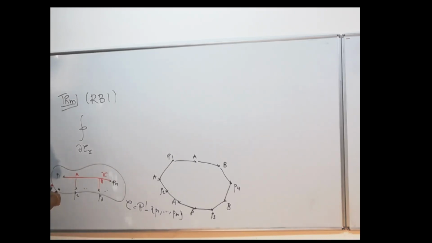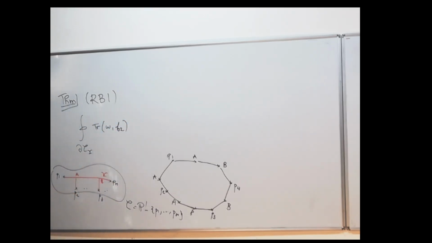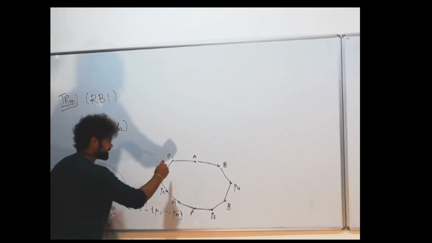All right, so what did we have? We had this trace of omega 1 F2, okay? So recall that omega was a matrix valued differential form, and the F's were primitives of these differential forms defined on tubular neighborhoods of the boundary.